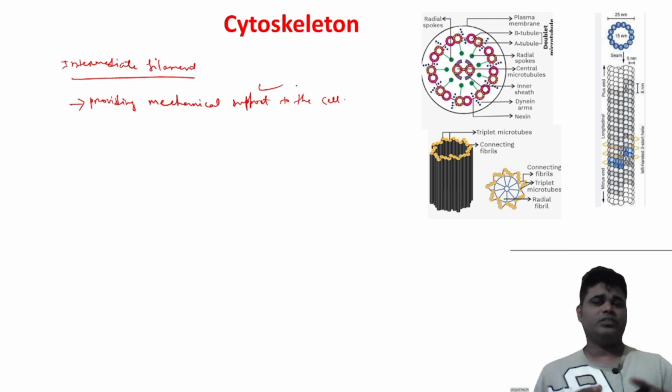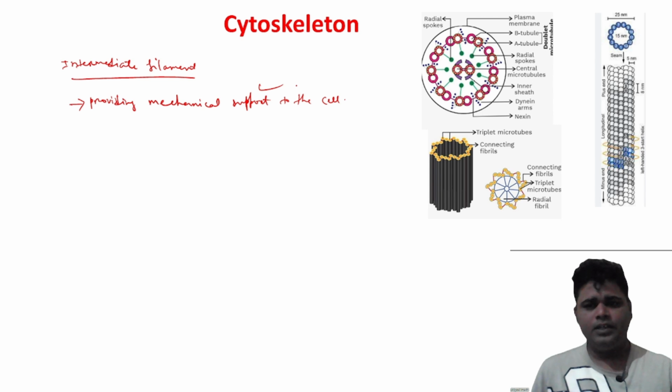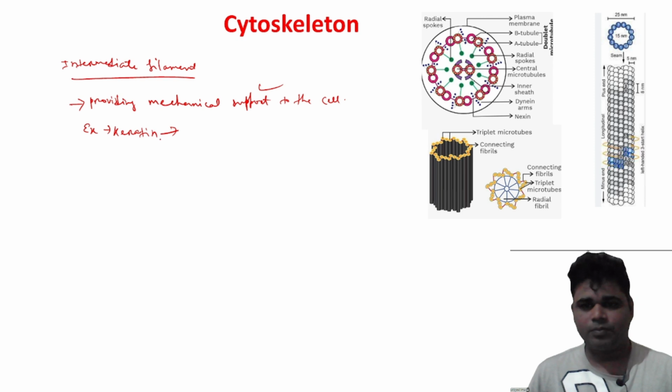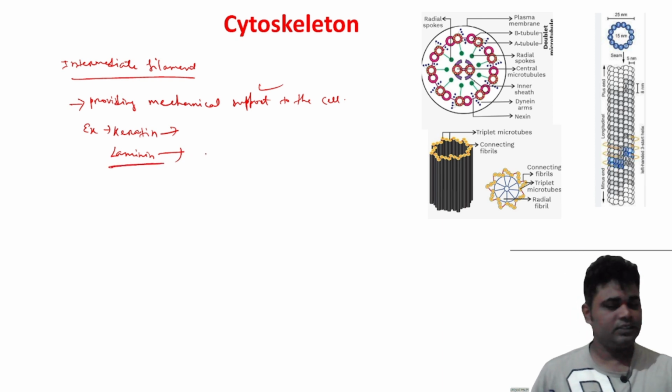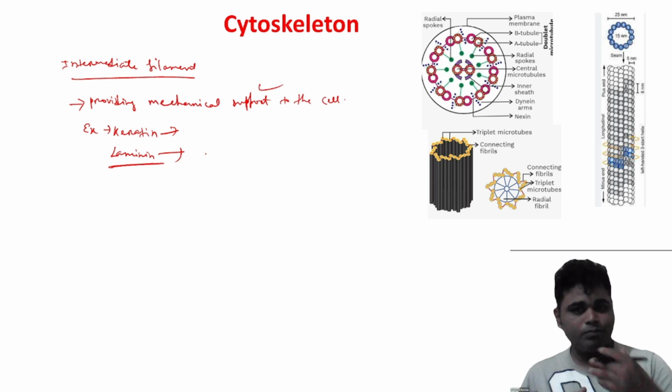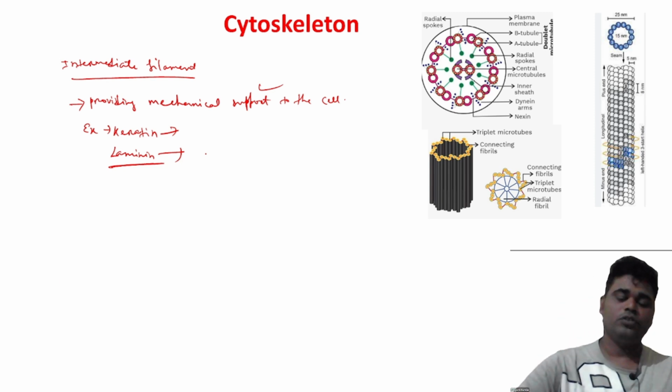It is the main function of the intermediate filament. For example, the most common example of the intermediate filament is the keratin. Keratin provides the support. Again, the laminin also helps in the support to the cell. So these are the main functions of the intermediate filament. That means it only provides the mechanical support to the cell.